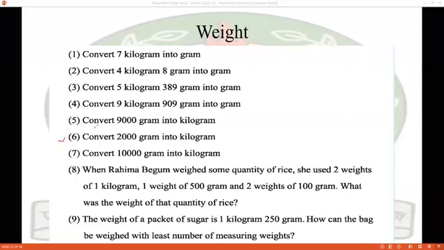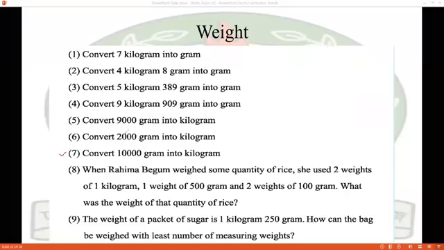Number 6, 2,000 gram, we can write 2,000 divided by 1,000 kg. By the division the zeros vanish, we get 2 kg. So 2,000 gram is equal to 2 kg, 2 kilogram.